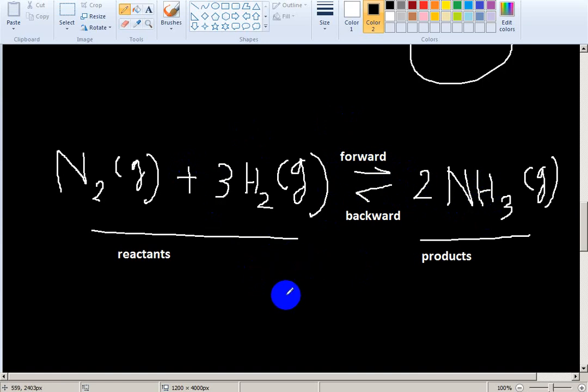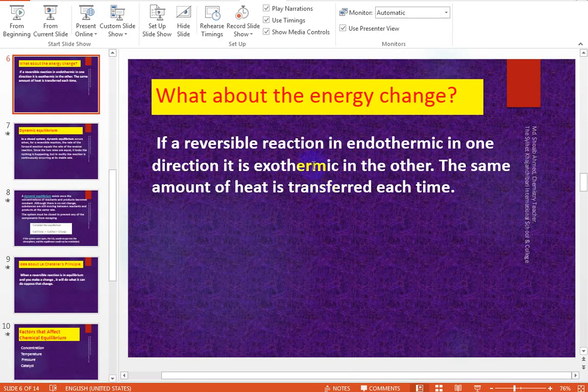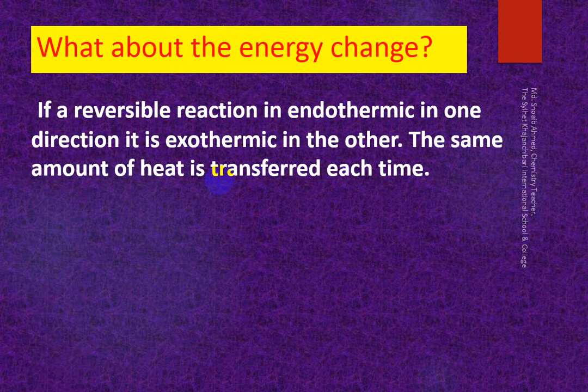Okay, what about energy change? If the forward reaction is endothermic, the backward reaction will be exothermic.